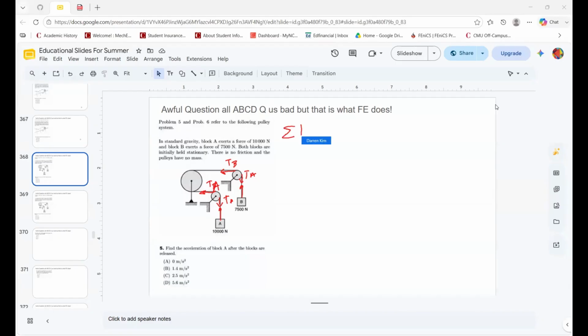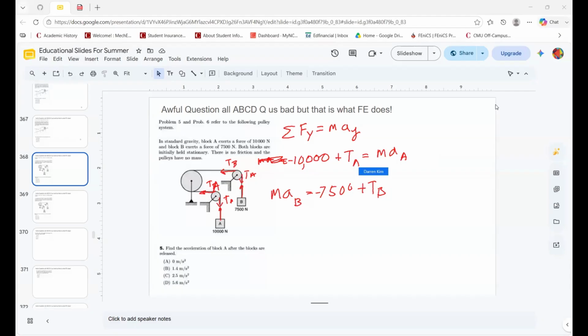Summation Fy equals ma. 10,000 minus T equals m_A a_A. That's already an equation. So m_B a_B equals 7,500 plus T_B. Okay, we got it.